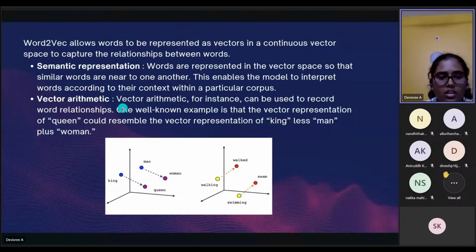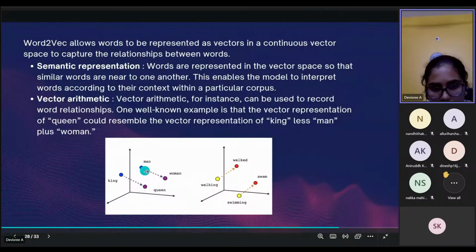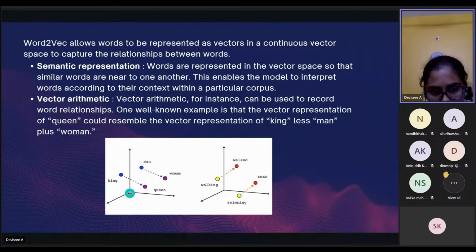The second is vector arithmetic. In vector arithmetic, a pair of words with the same word relationship have the same vector. For example, in this image, you can see the vector from man to woman. The man vector is from the origin to this point, and the woman vector is from the origin to this point.